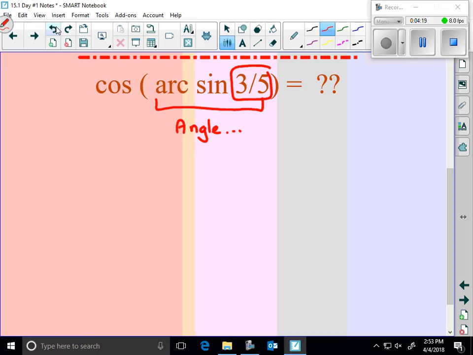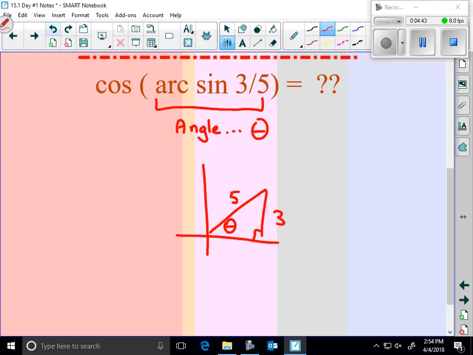So what I'm going to do right now is, because right here I see the sign is positive, I'm going to take this in the first quadrant. And I'm going to draw an angle that has a sine of 3/5. So let's call this angle theta. Okay, if I call that angle theta, then the sine of that angle would be opposite over hypotenuse.